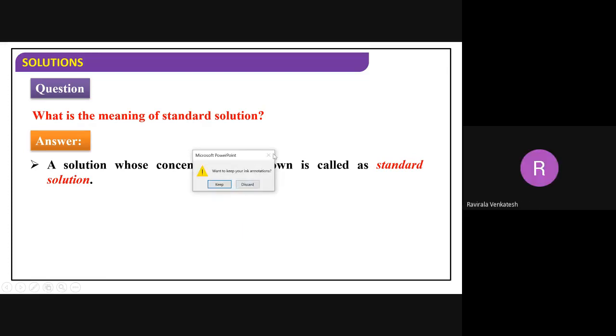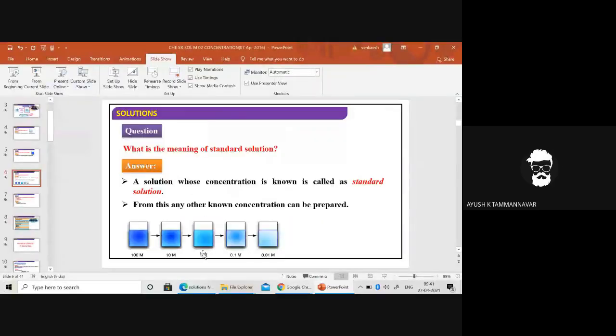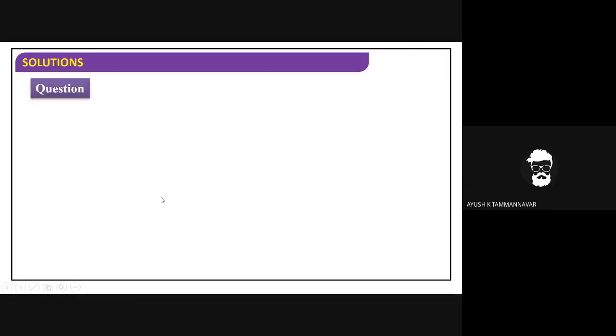Excuse me, sir. Yes, beta. Sir, in the concentration of any solution, must the solvent remain the same, or can it differ?